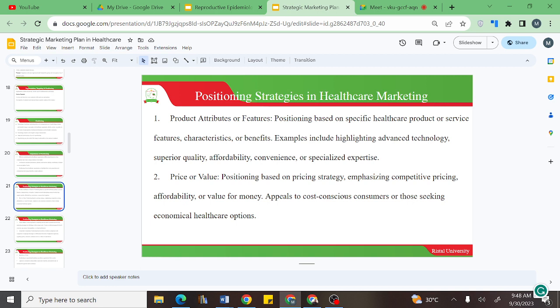If someone goes with a health problem, how are you going to diagnose this health problem? Are you going to use the appropriate technology or outdated, inconvenient, painful procedures for a simple health problem? So you look at the quality, the technology, the convenience, the expertise used. So that is product attributes and features, or you can just say service attributes and features.